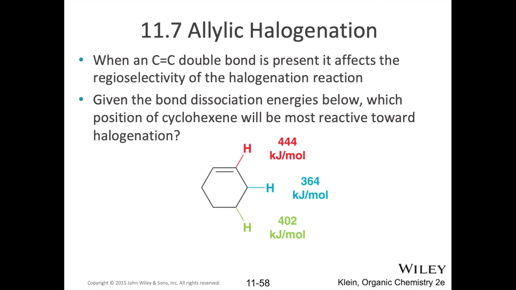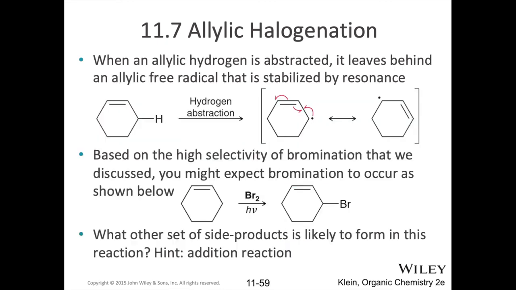There's not going to be a stable radical. And then the regular secondary site at the bottom in green has a moderate bond dissociation energy. So that allylic position in blue is going to be the site that we're probably going to halogenate. We have resonance stabilization at that site accordingly.